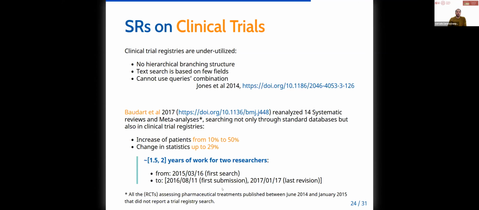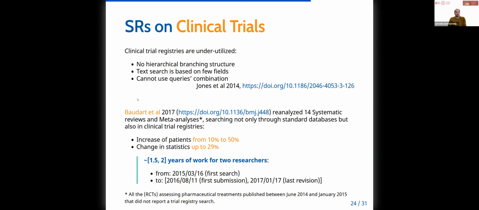And in a study by Bodar et al. in 2017, they reanalyzed 14 systematic reviews and meta-analyses that did not involve clinical registries when they retrieved the records.